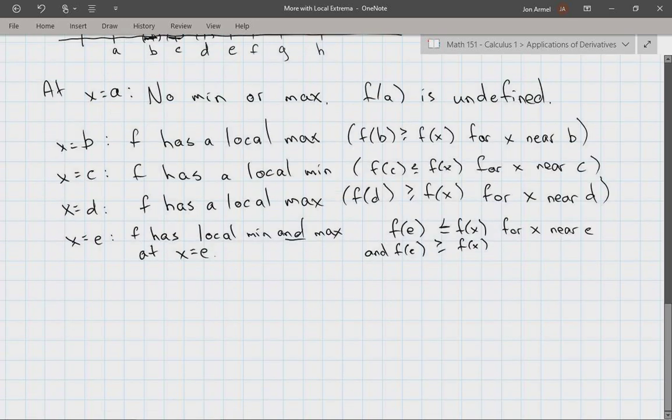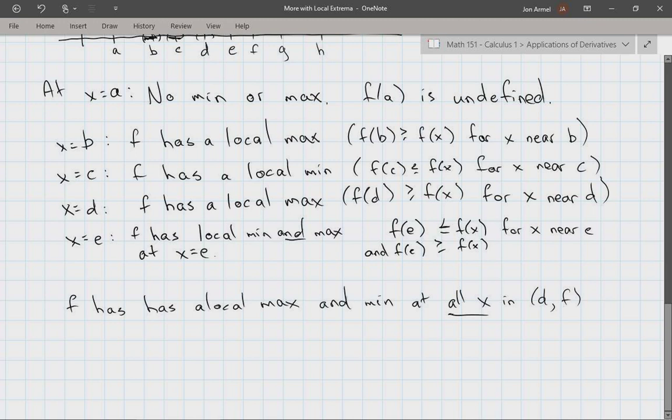So I would actually say that f has a local max and min at all x in the open interval from d to f.